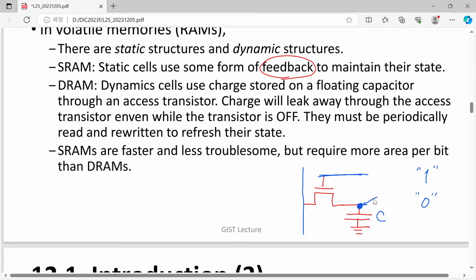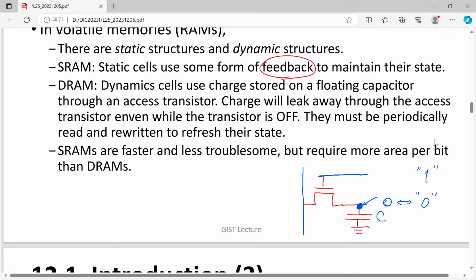If you want to write 0, you just keep this voltage close to 0. That is write 0, which is not that difficult. If the node voltage of this capacitor is 0, this corresponds to information 0, and if it is close to a high voltage, it corresponds to 1.